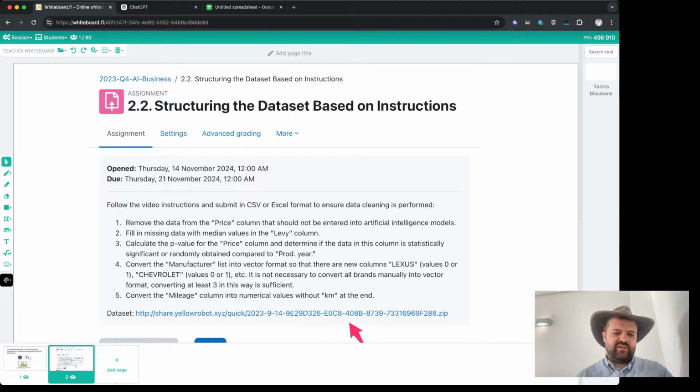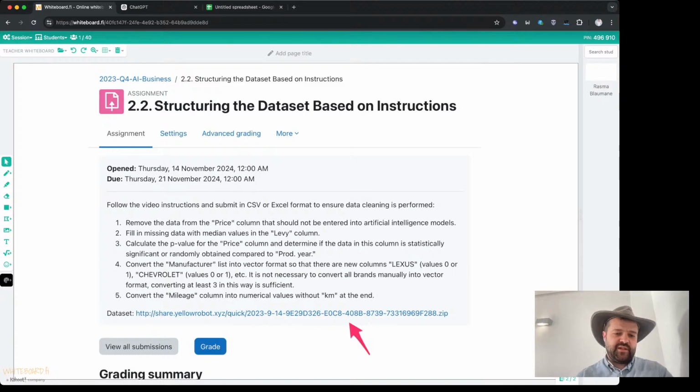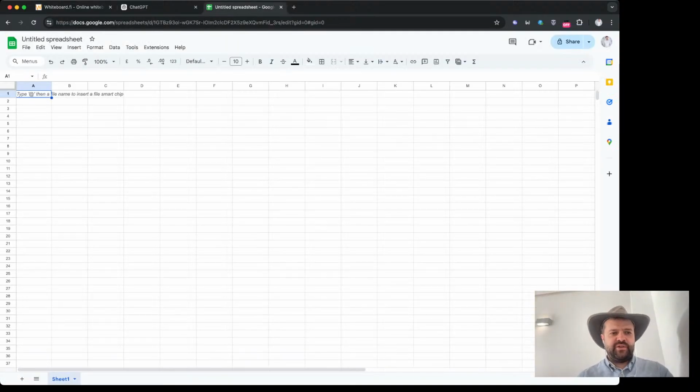I don't think all of them can easily be done with the ChatGPT Pro version alone, but if you do this step by step carefully, it might be possible. I know for sure that all of these can be done easily with Excel or Google Spreadsheet. So please get that dataset and I will show you how to use it.